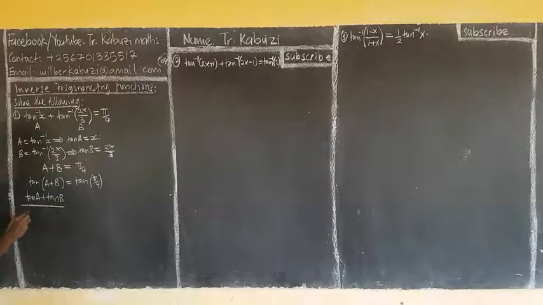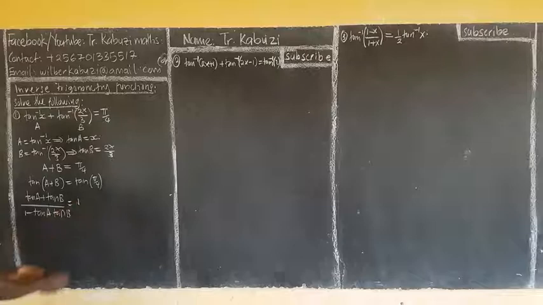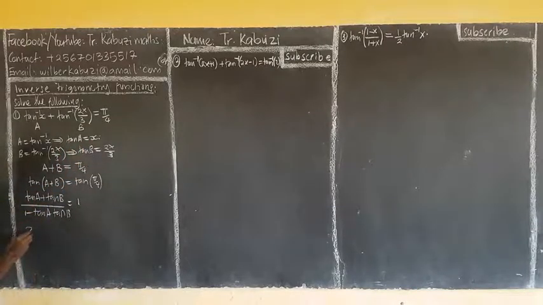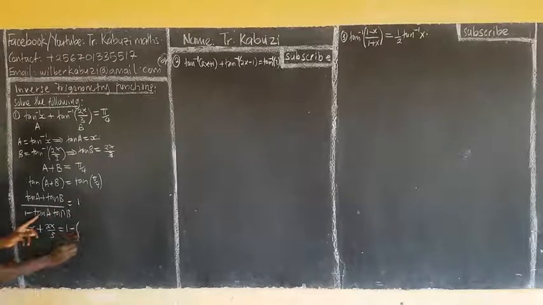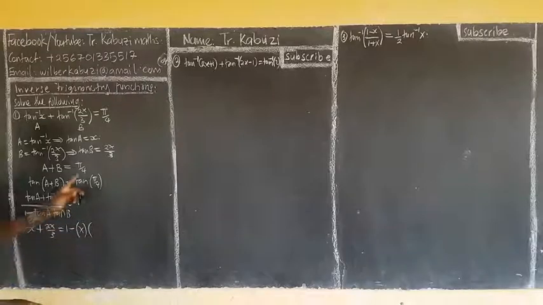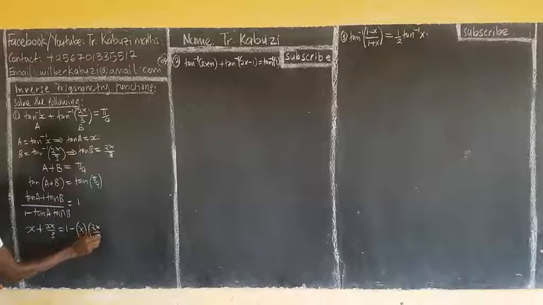the whole over, equaling to, we have seen that this is a 1. So from here I can cross multiply. I'll be having tan A. My tan A is x, then plus this over 3, equal to 1 minus, if I cross multiply this side, tan A, which is x, then tan B over 3.